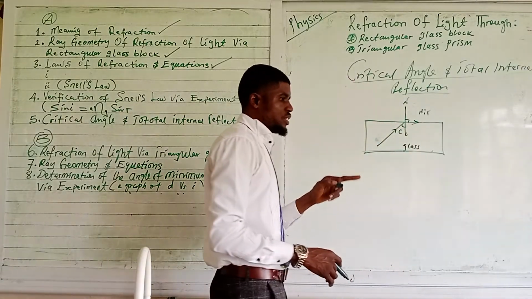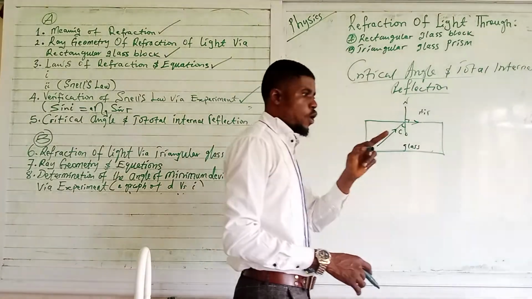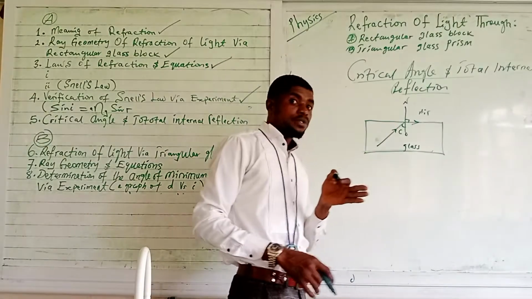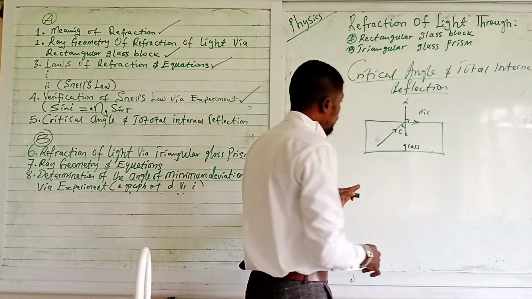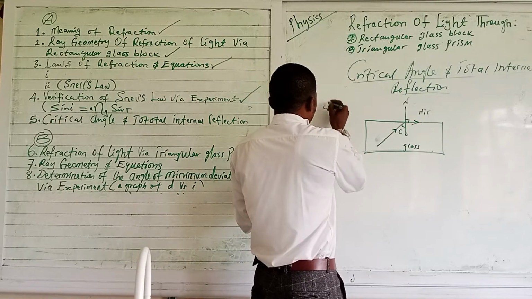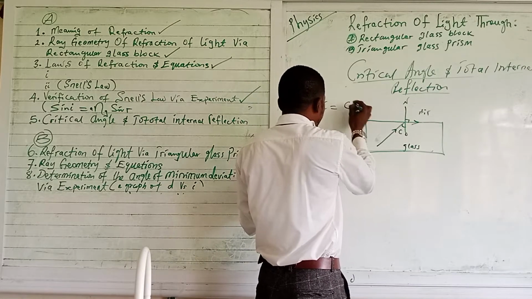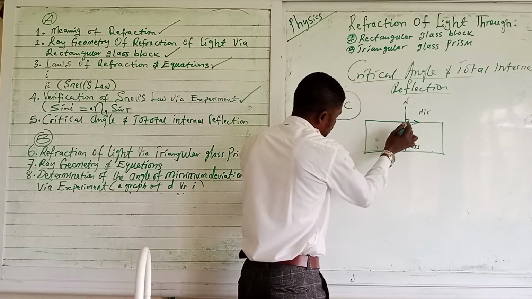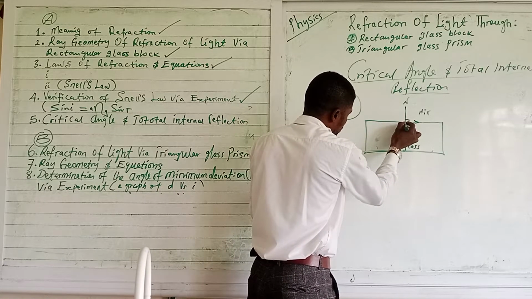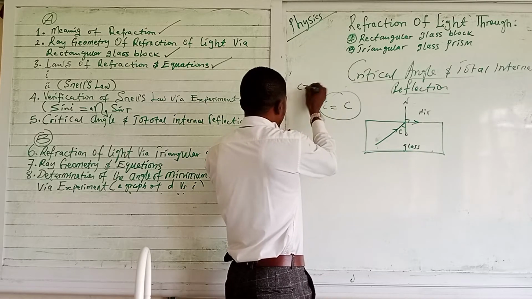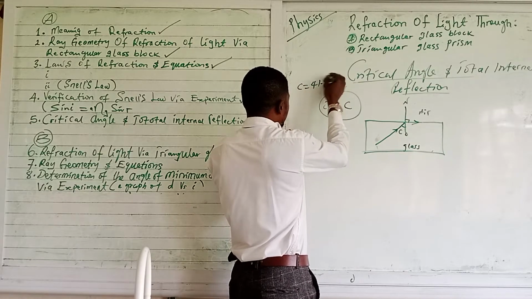The critical angle is given as C equals 41.8 degrees or 42 degrees. So what we're talking about with total internal reflection is that when your I exceeds this C, meaning a little shifting, taking up of this angle just up here, maybe 43, you know your C is 41.8 degrees.